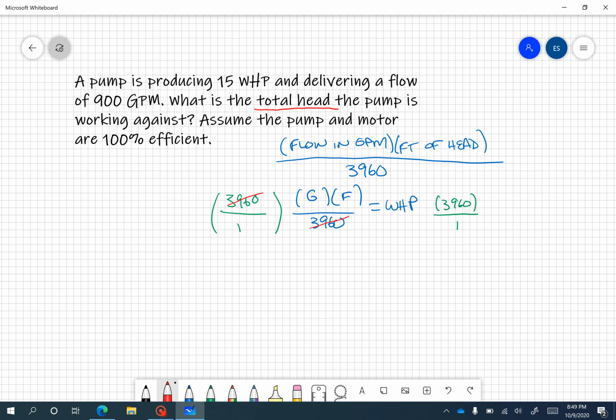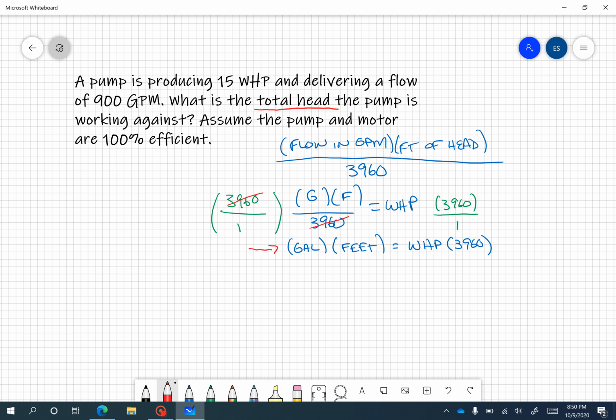So what that's going to get me, these cancel out here, and I am left with gallons of flow times feet equals water horsepower times 3960. And then because I want to have feet of head by itself, now what can I do? I can divide both sides of the equation by gallons.